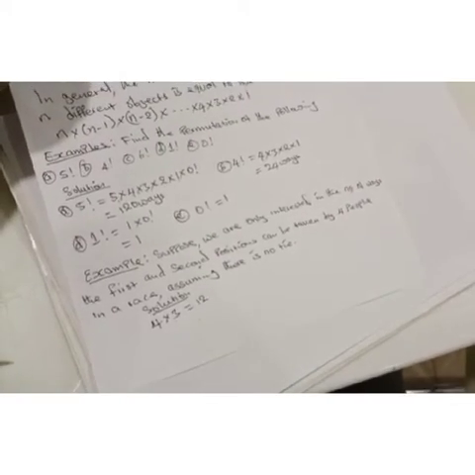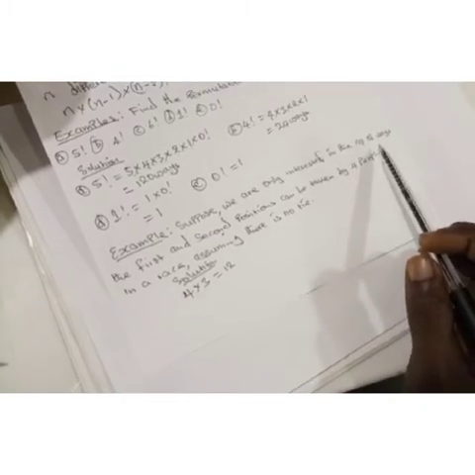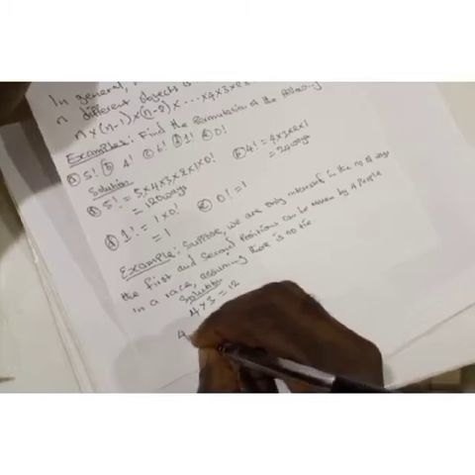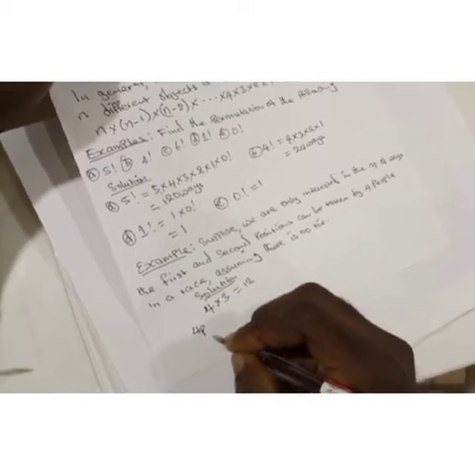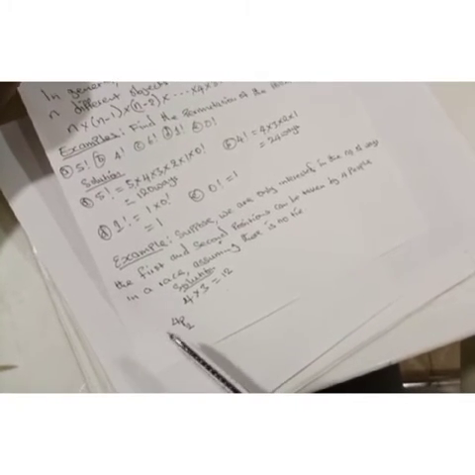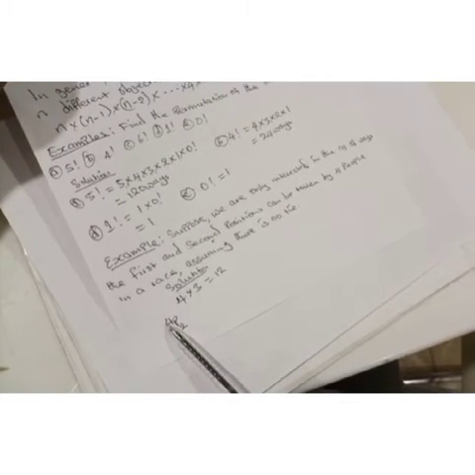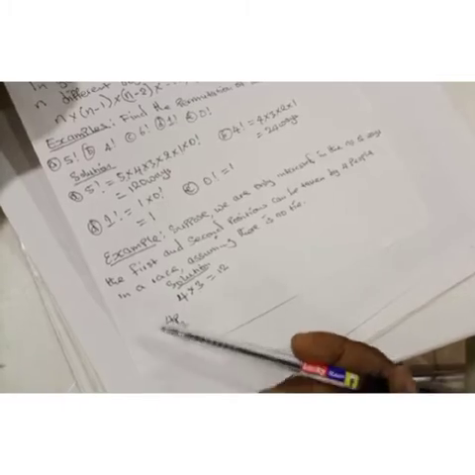But using the permutation here, we can say we have how many? 4 people. So this is the 4 objects. That is 4 permutation 2, because we're talking about the first and second position, and this we call permutation. This is the permutation of objects taken at a time.